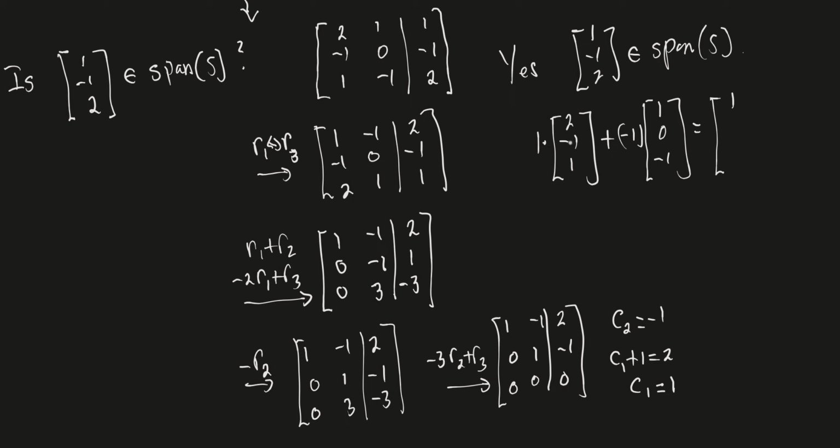Then we will have -1 plus 0, that's -1. And then we will have 1 plus 1, and that's 2. And that's exactly what it is. So in this case, we are able to hit our target.